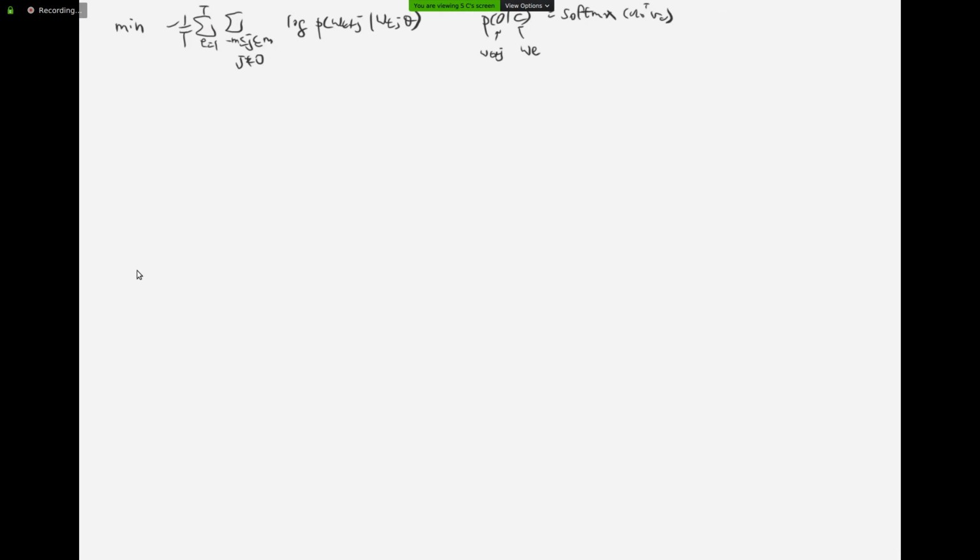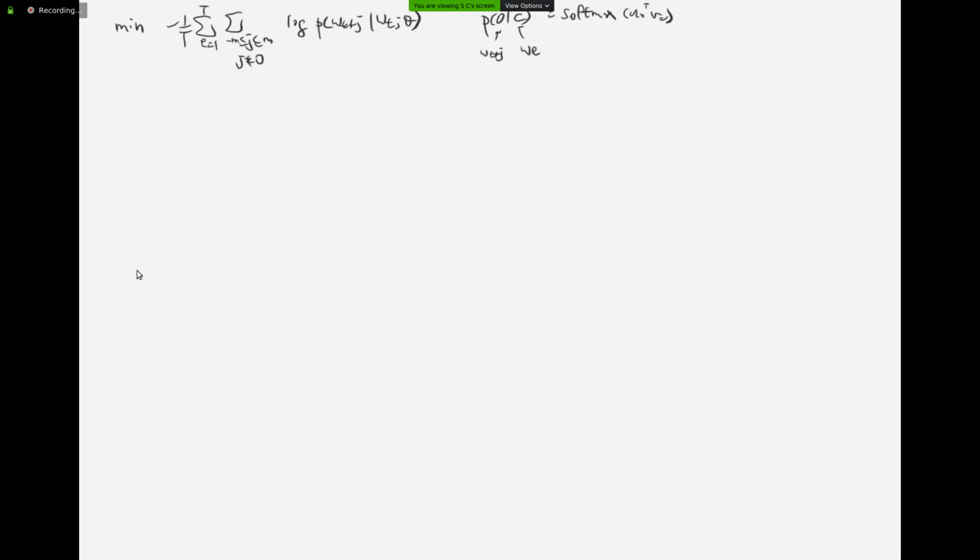Starting from the first word, I iterate till the last word, and then I look at the surrounding words with a window size of 2m, so m words before and m words after.